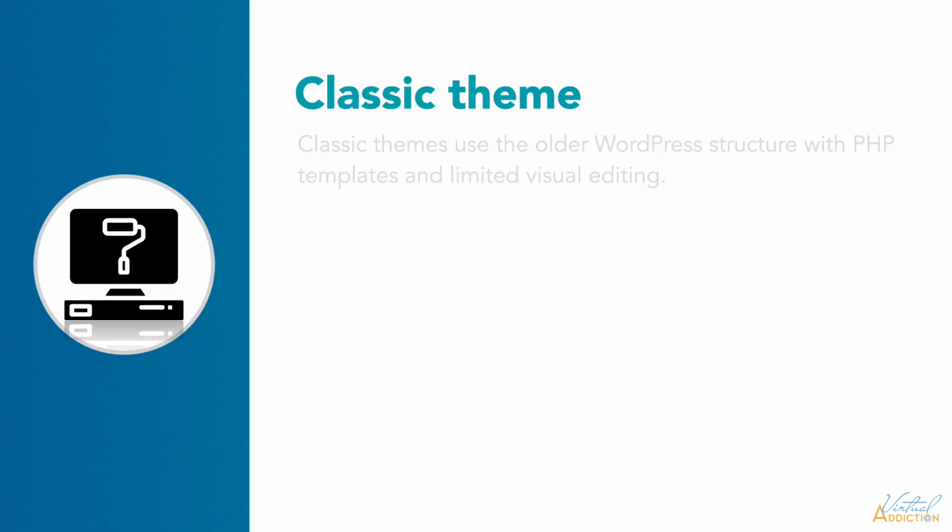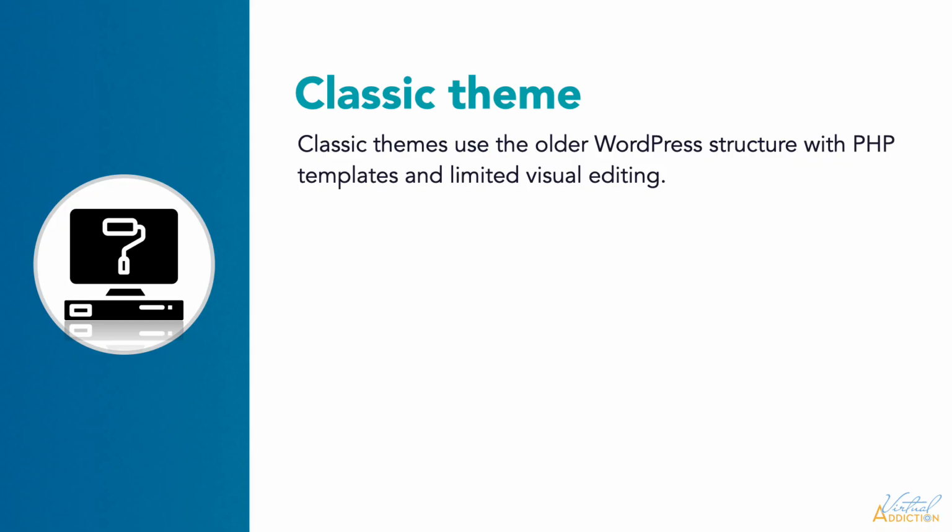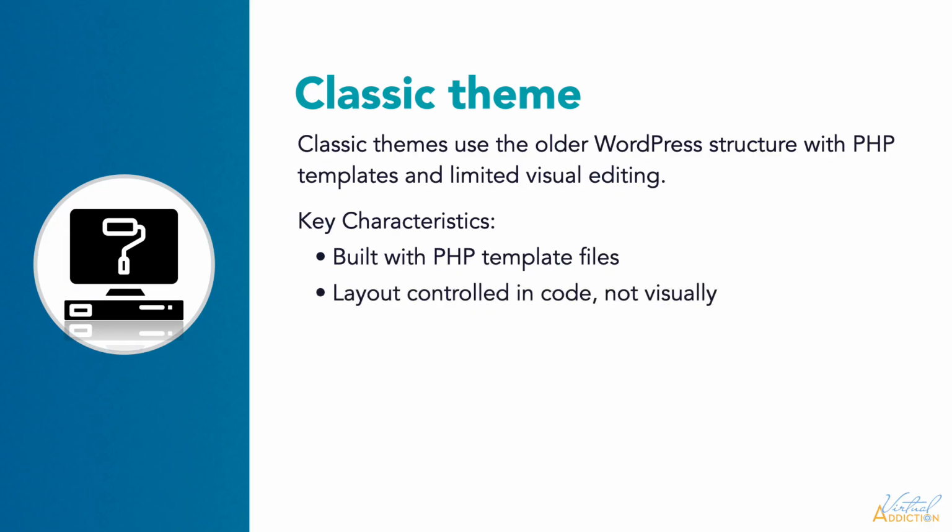Classic themes use the older structure of WordPress. Key characteristics include that they're built with PHP template files such as header.php and single.php. The layout is controlled in code, not visually. Classic themes use the customizer for limited design changes.